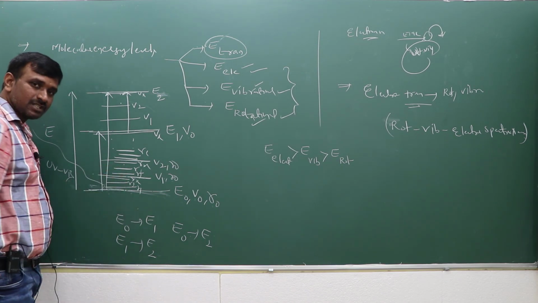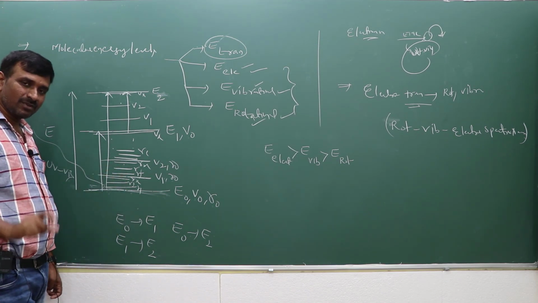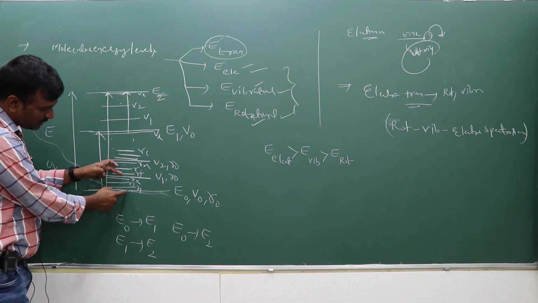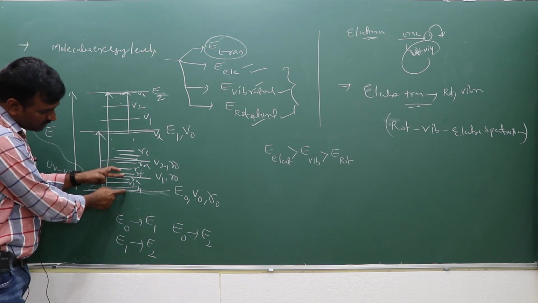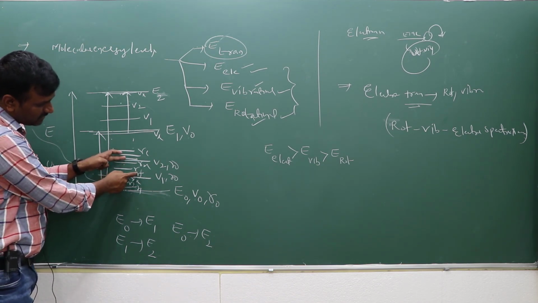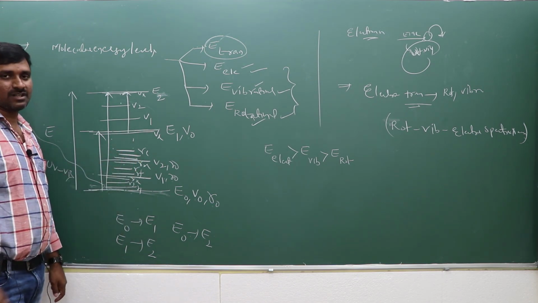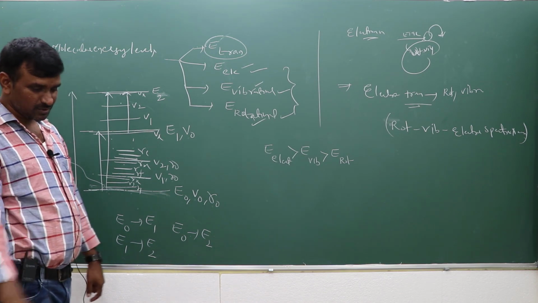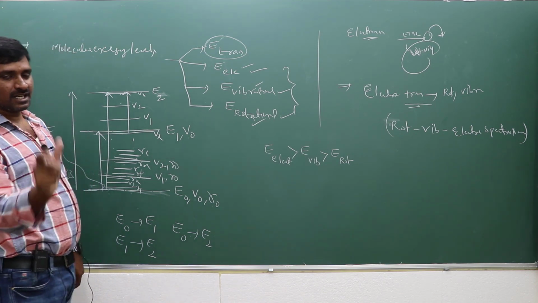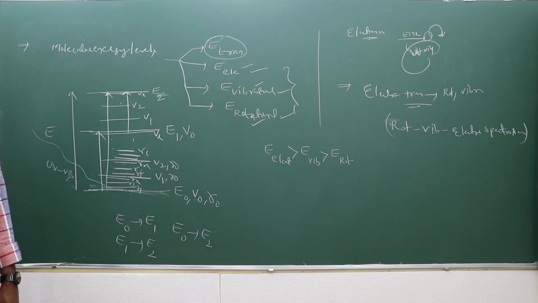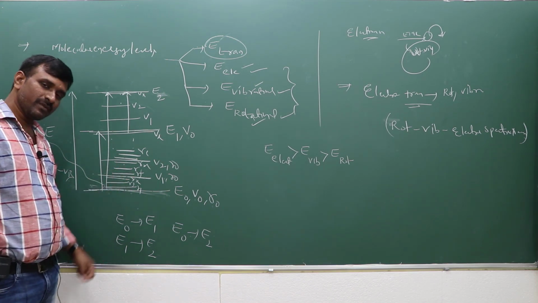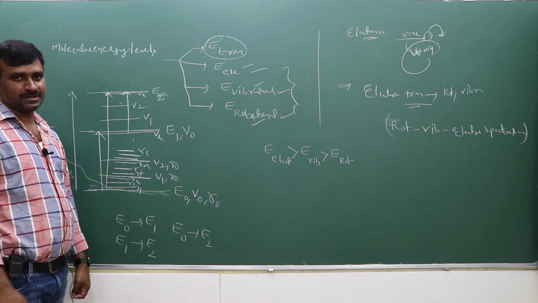Rotational levels, R0, R1 up to Rx. That means rotational levels are also involved. So IR spectroscopy is sometimes called rotational vibrational spectroscopy, or purely vibrational spectroscopy because vibrational energy levels are changed.